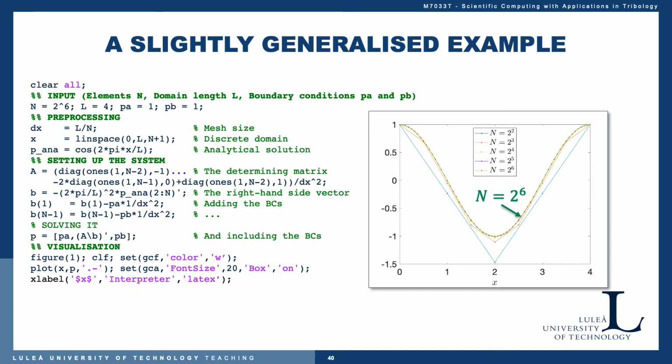Then we increase the number of nodes, and you see a smoother and smoother solution, which of course converges to the analytical solution. We can measure this by outputting some error measure, and in this case for 64 elements we have an error of 0.0012, so it's already a pretty accurate solution.